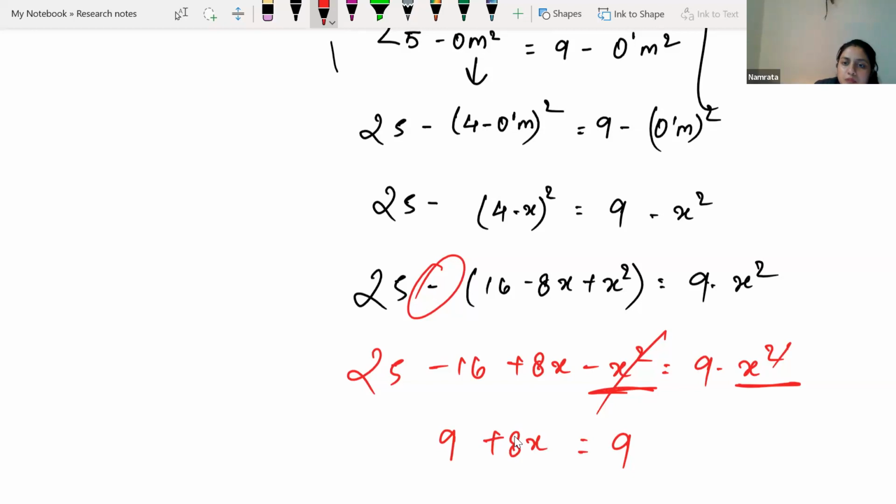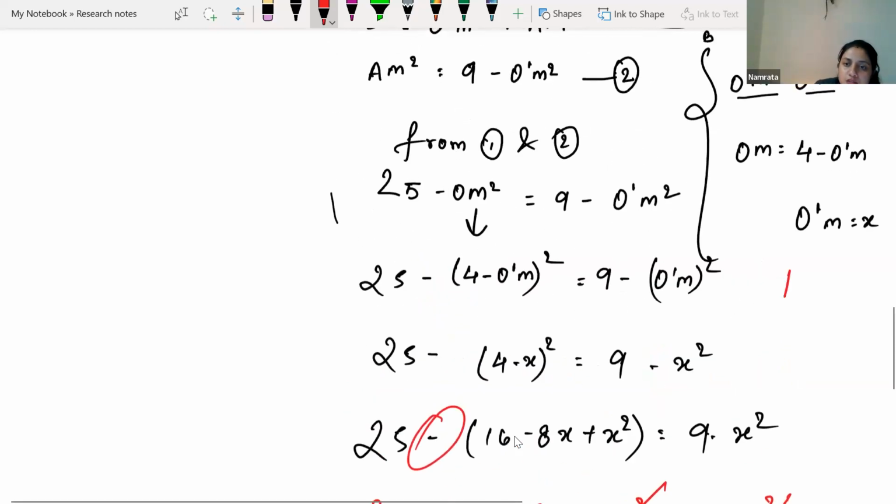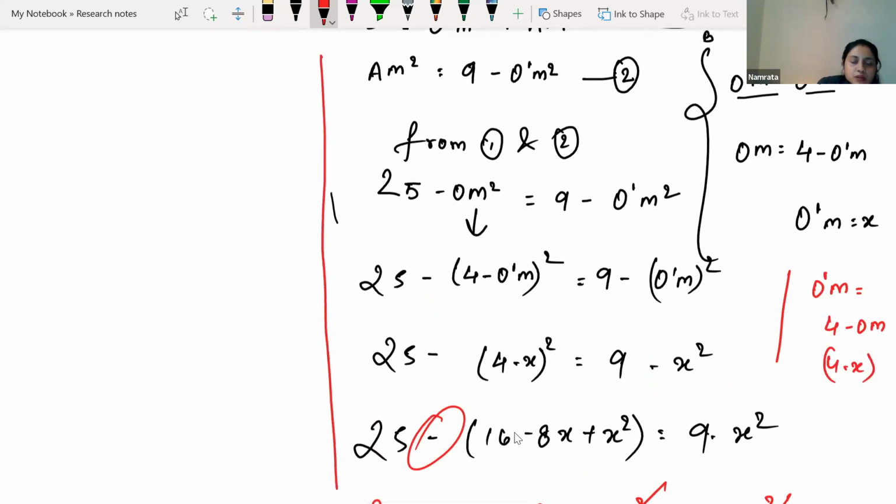If instead of O dash M we are substituting OM, let me check that. So 25 minus OM square is equals to 9 minus 4 minus x whole square. This is also x.